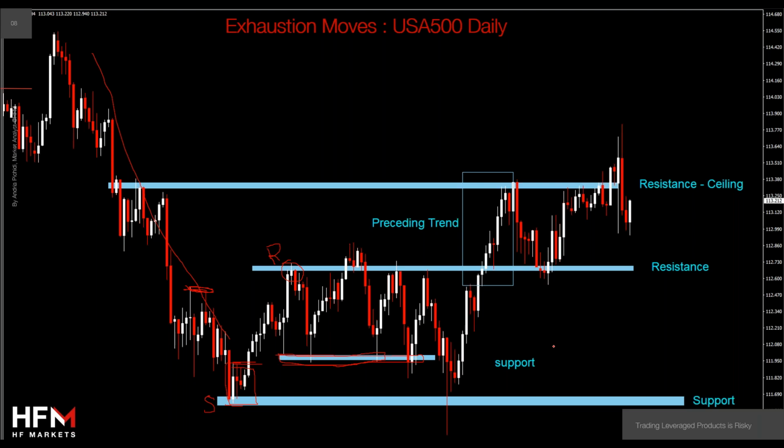And why I'm saying all this, because even if you missed these, these support and resistance areas will help you in the future. So let's assume that you missed all that, but you have seen this breakout.